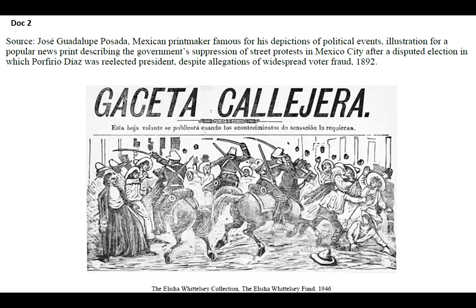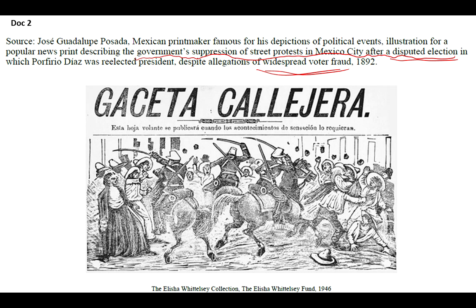Moving on to document 2. All right. So what we have is a protest, and if you can read Spanish, that's good. Government's suppression of street protests in Mexico City after a disputed election in which Diaz was reelected president, despite allegations of widespread voter fraud.